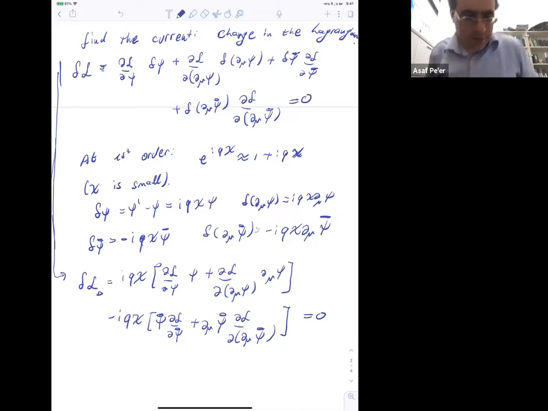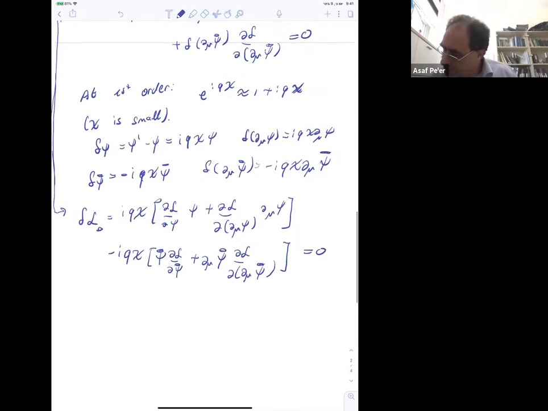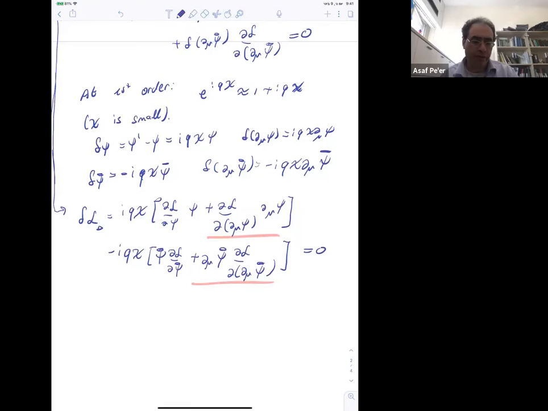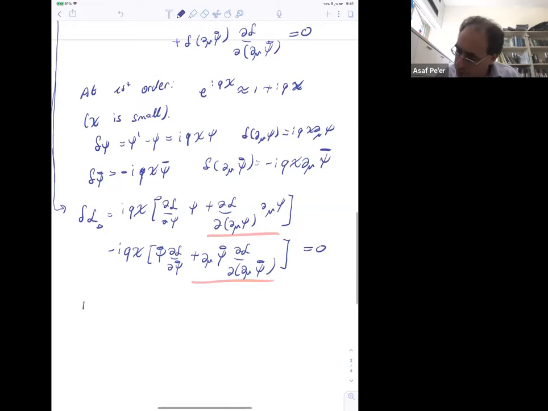So we have the term with the derivative. There are two terms. We have this term and this term, which we can write in a simpler form. So we can write dL over d d mu psi times d mu psi.